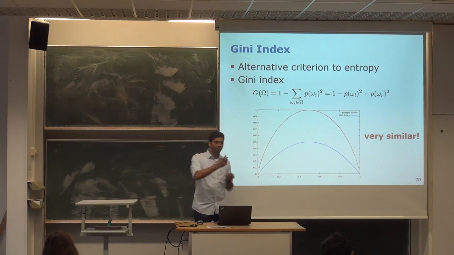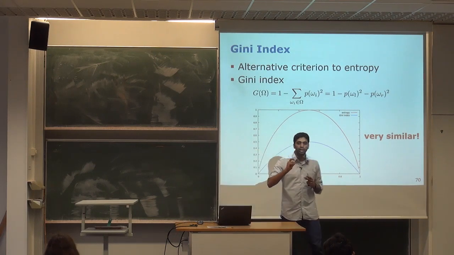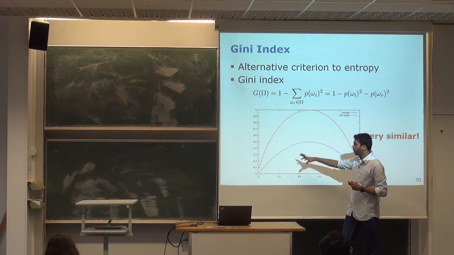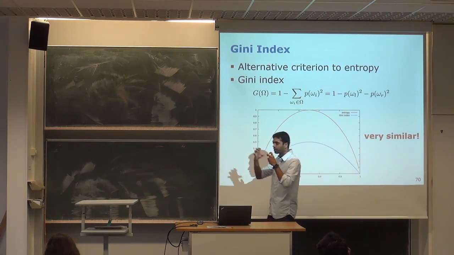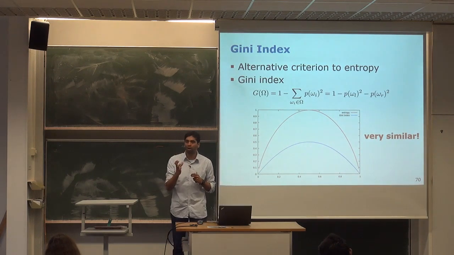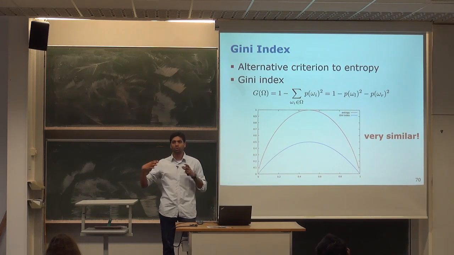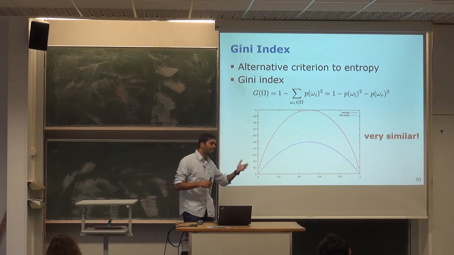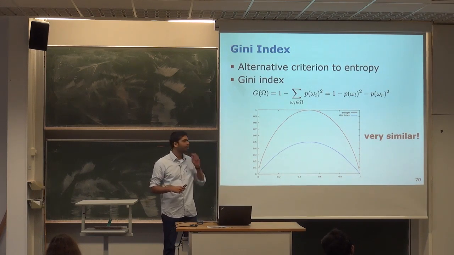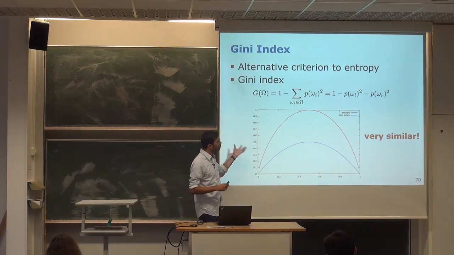But the takeaway here is that you look into the change in this index, because basically entropy or the Gini index captures what's the mix of your elements, so how pure or how impure your splits are. And eventually you take that step which decreases this entropy, or decreases the impurity in general.